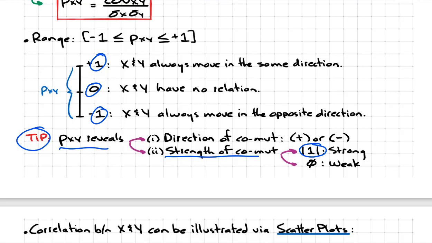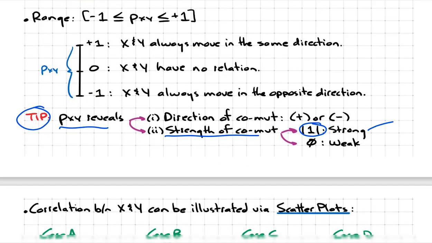If the numeric value of correlation is close to absolute 1, it means there's a very strong relationship. I mean, look at it. The word always, right? That means there's this pretty strong relationship. And if the correlation value is close to 0, it would mean that there's very little relationship or co-movement between X and Y. And that's what we demonstrated right here.